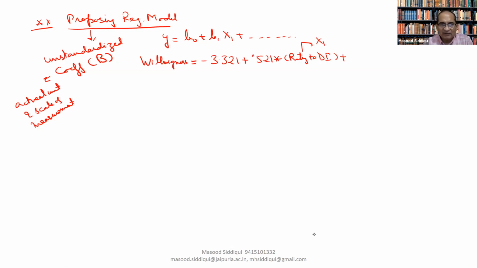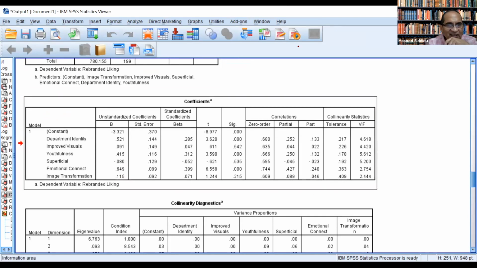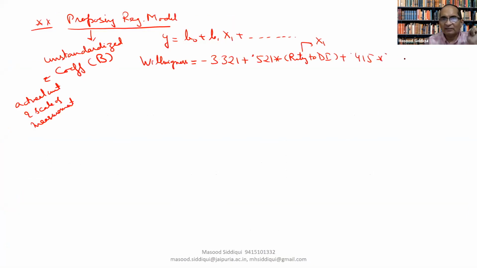Now the second significant predictor is youthfulness, having regression coefficient 0.415. So we have 0.415 into youthfulness.